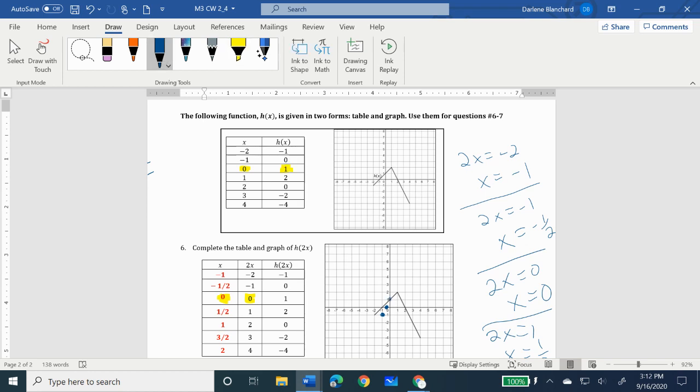This is the 1 point. Your y-intercept will not change when you are multiplying x by a number, because it doesn't matter what you multiply 0 by, it's going to be 0, and 0 goes into h as 0. Whether it's 2 times 0, 3 times 0, doesn't matter.